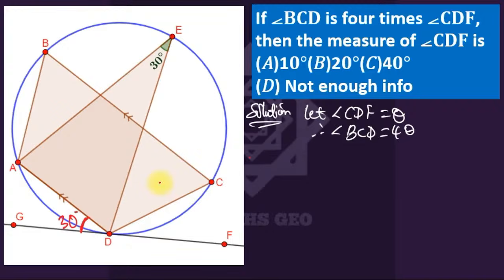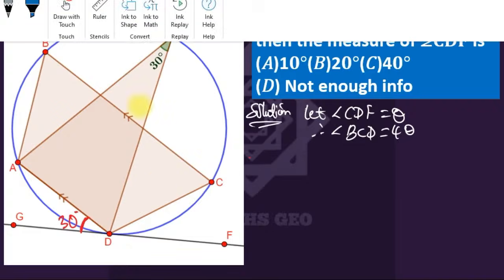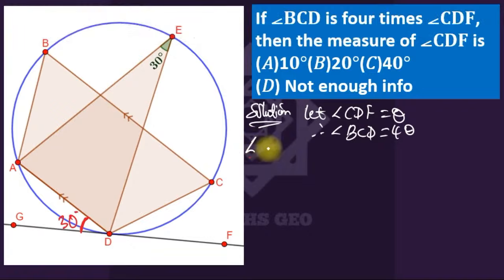So let's write it down before we go to another one. So that angle GDA is 30 degrees based on alternate segment theorem.